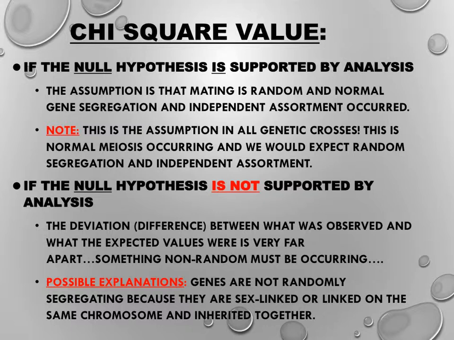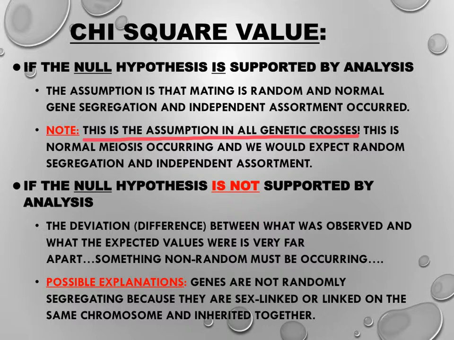Realize that when we're talking about genetics and biology and we're utilizing chi-square, this is always going to be our assumption. We are always going to assume that in a genetics cross, mating is going to be random, and genes are going to get segregated and moved around or assorted independently. Okay? This is how normal meiosis works.